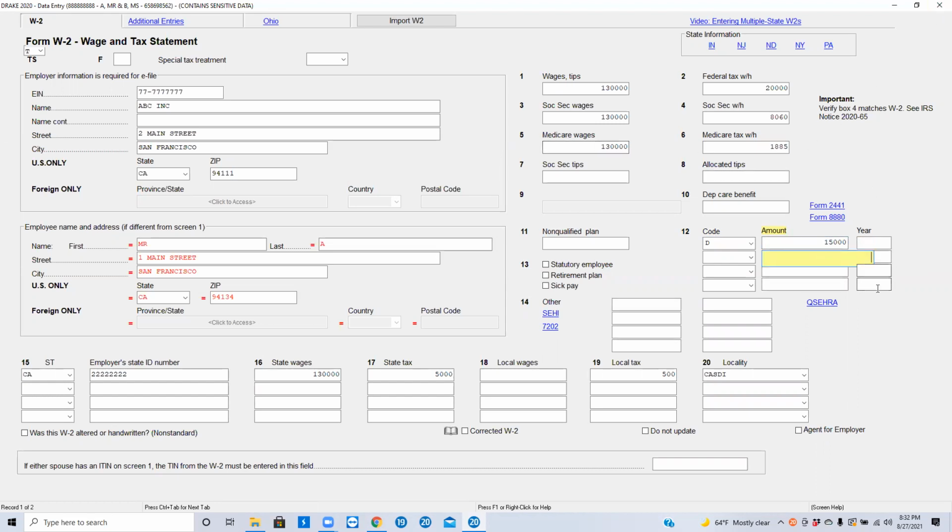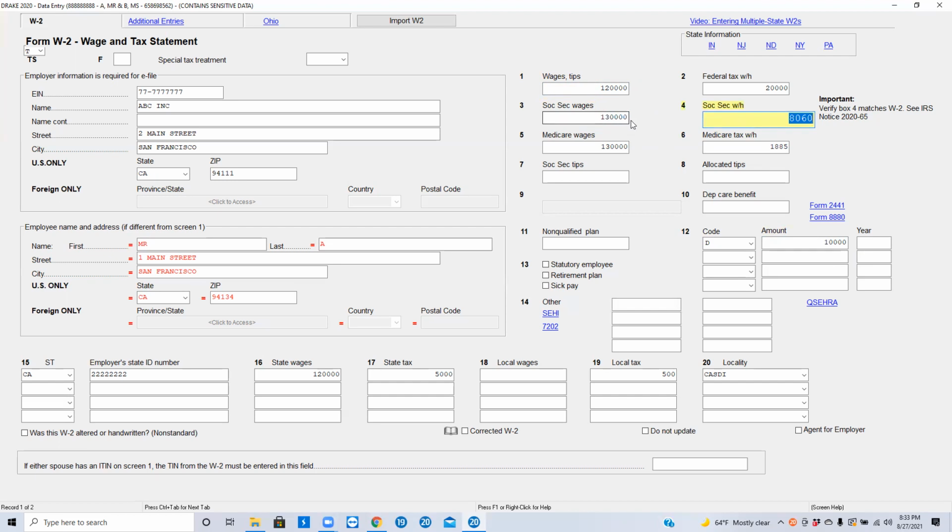Okay. So now, just 10,000 is easier to do the math in here. Let's say 10,000 in here, because this 10,000 contributes to the 401k. So what is the W2 going to look like? Box number 1 is no longer 130. It's 120k. And this is 130k.